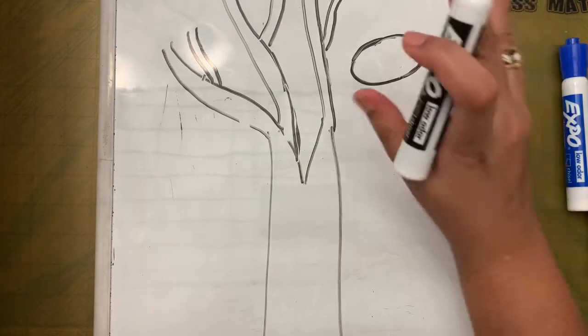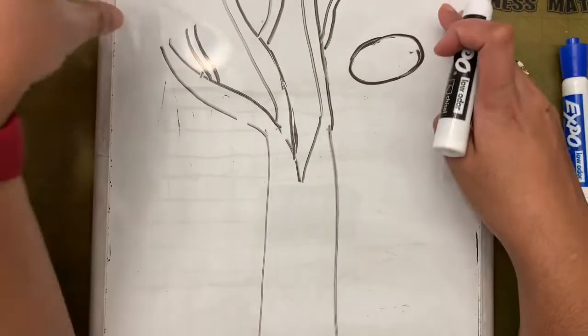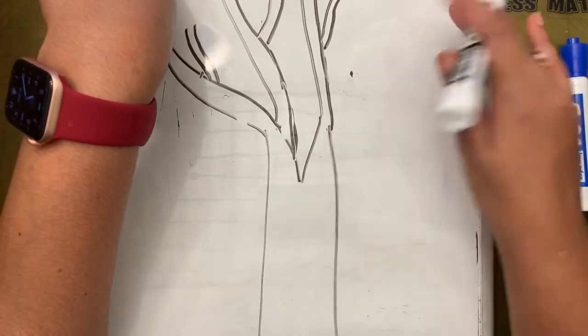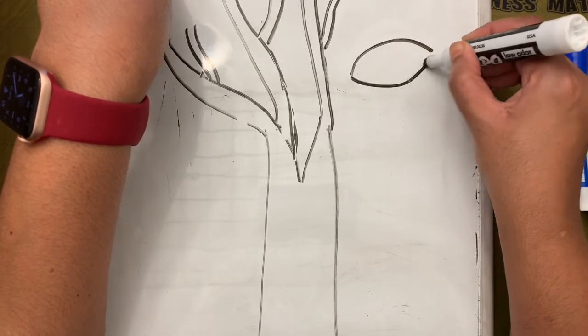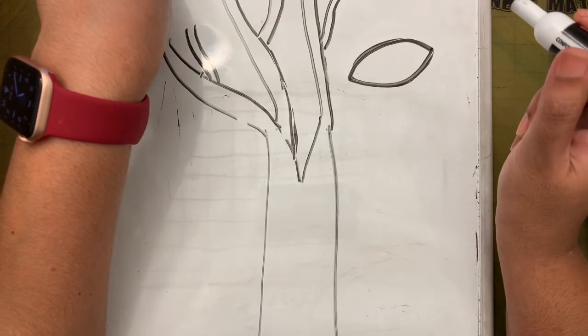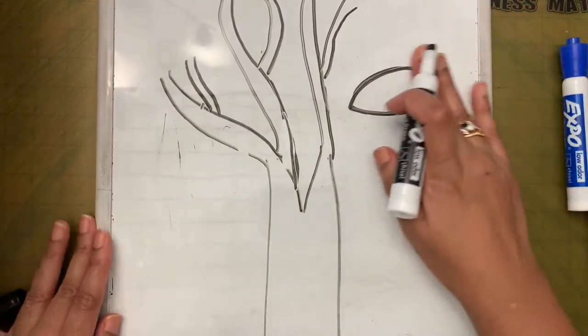We are going to just use one shape because this is a tree and all the leaves would look the same, right? So you can use either a circle, oval. Another shape you can use is a football shape, right? You can use that. So let's use those shapes. Let's put some leaves on this tree.